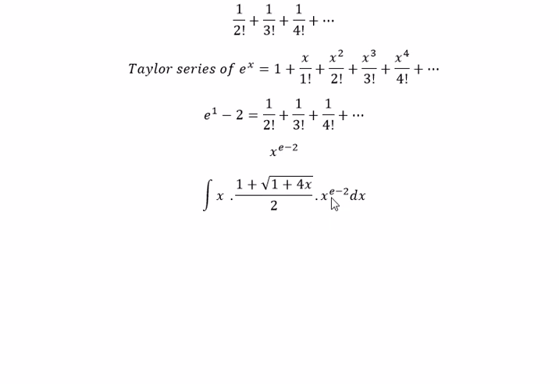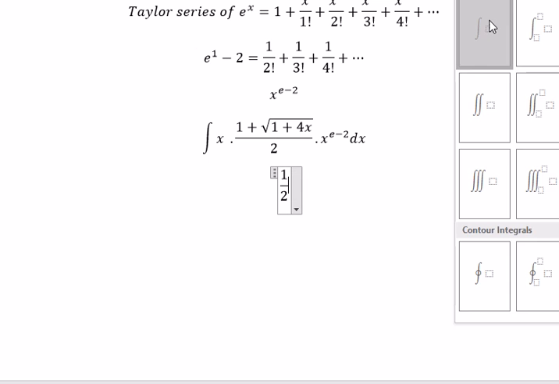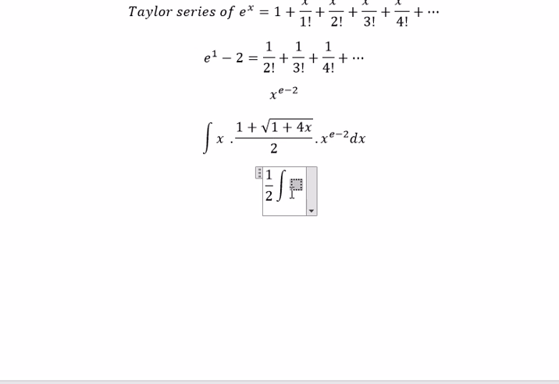Now we need to simplify. We put 1 over 2 outside. And we have s multiplied with s to the power of e minus 2. So you get s to the power of e minus 1.